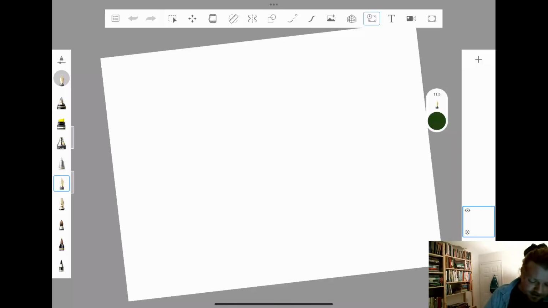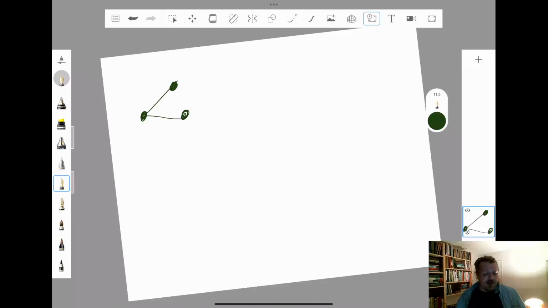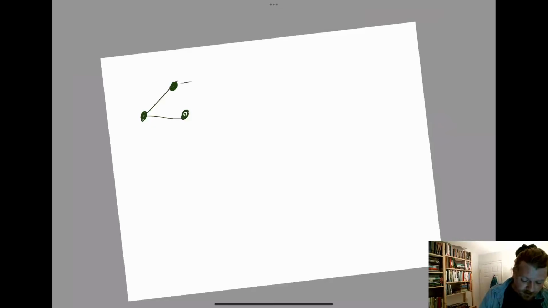So you can visualize a network as a series of nodes and edges, right? And in an ecological network, the nodes, the points here, represent species, and the edges represent interactions between them, right? So here we might have one plant species that interacts with two different bugs, right?